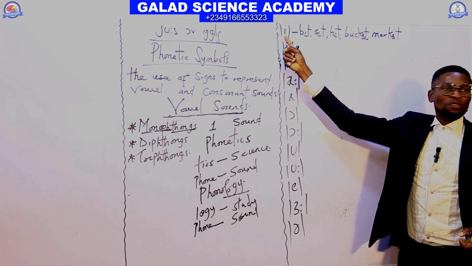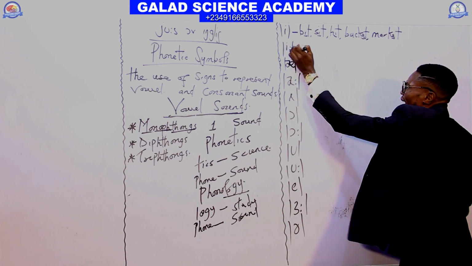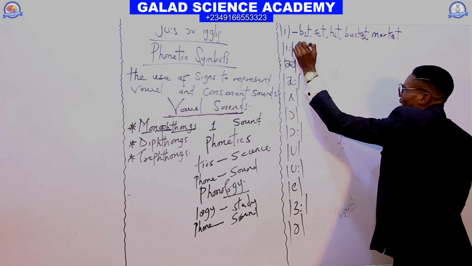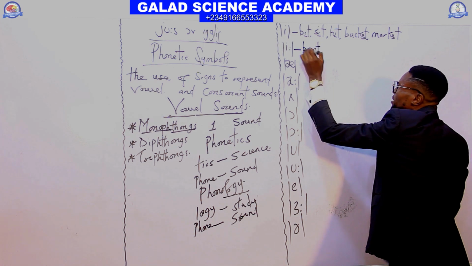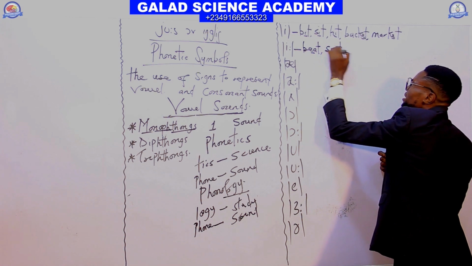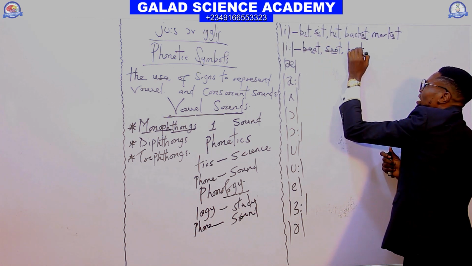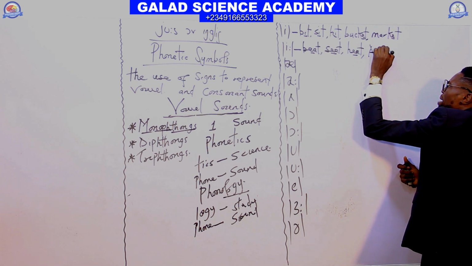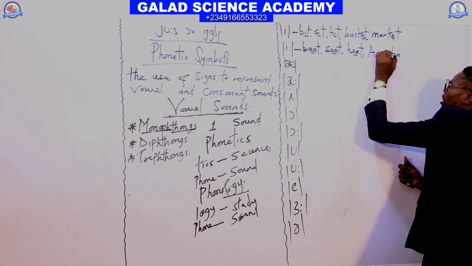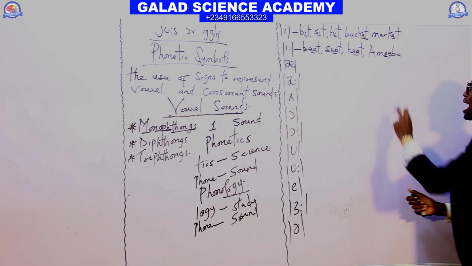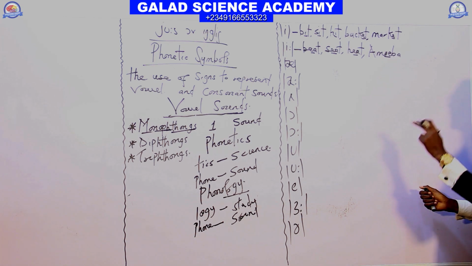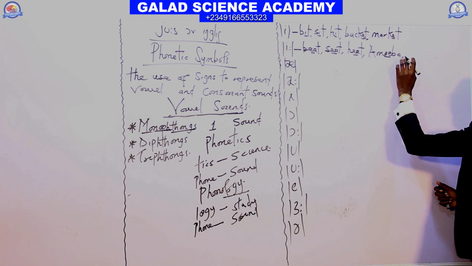This is for the E sound. I have this E as in beats, seeds, eats, amoeba. So I won't call it amoeba. I meant to call it amoeba. Amoeba.